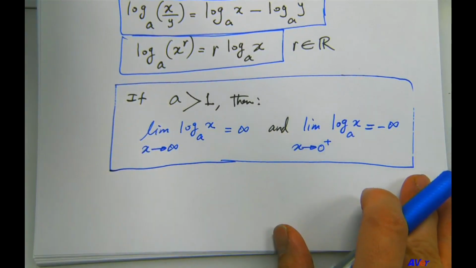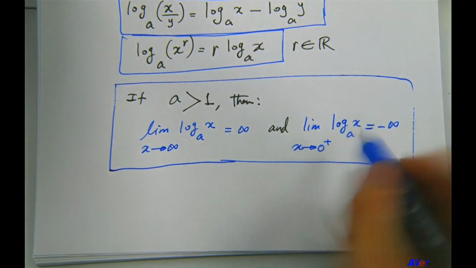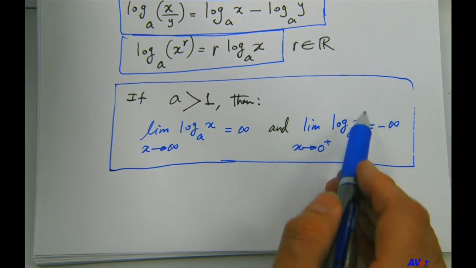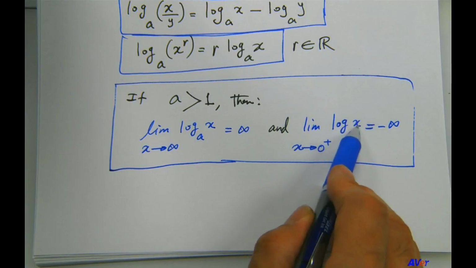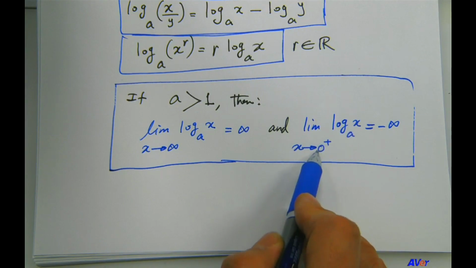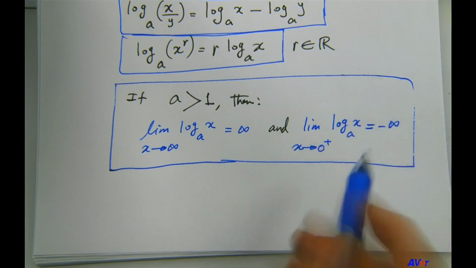Because of course we cannot approach 0 from the left, right? You remember that the log of a negative number is not defined. So we have to approach 0 from the right, where values are positive.